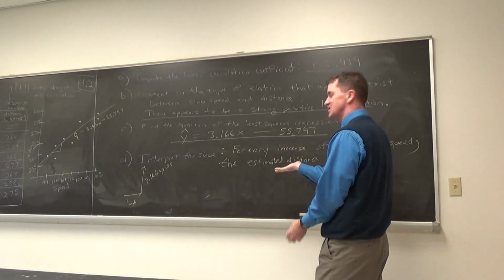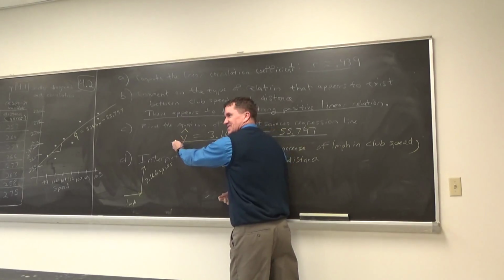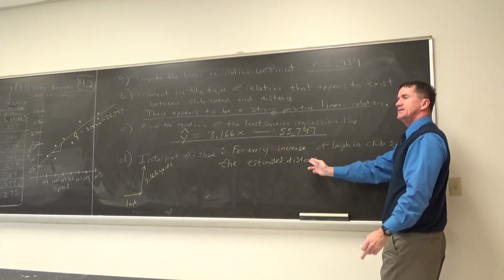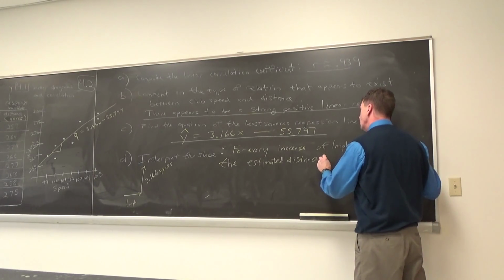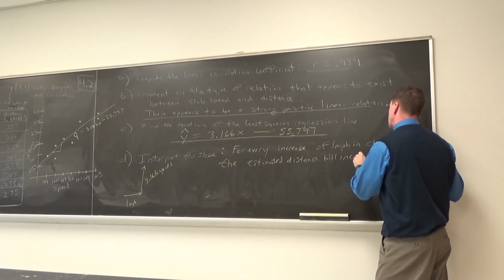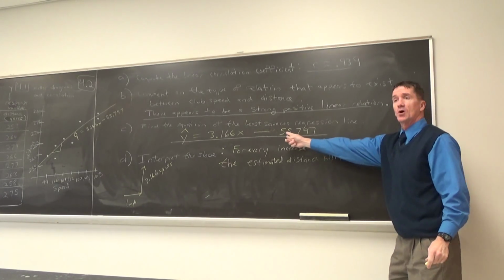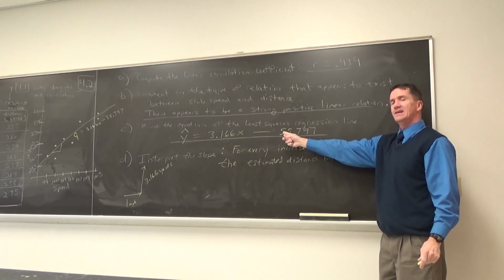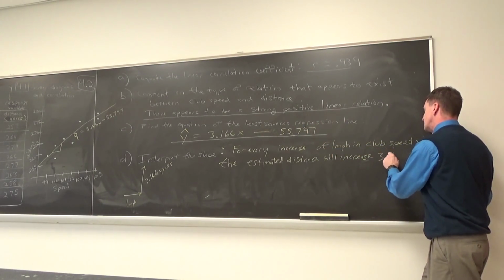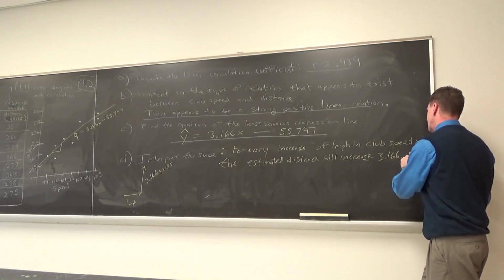But I should use this word estimated because it was an estimation of what's going on. So for every increase of 1 mile per hour in the club speed, the estimated distance will also increase. How much? And when you're not using that number, don't look at that negative 55.797. You're saying 3.166 yards, right?